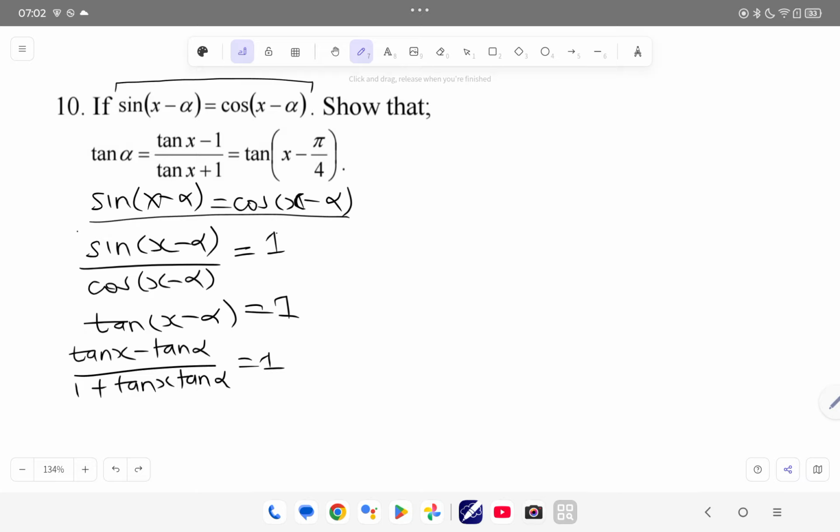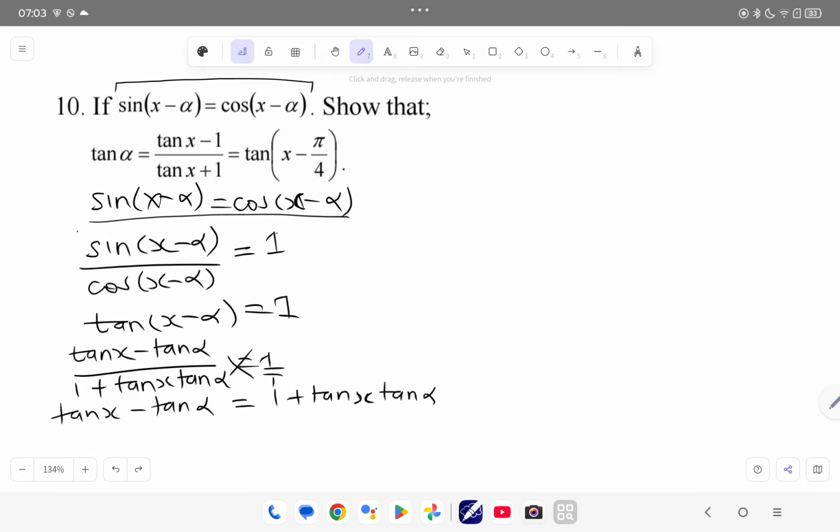Now here I want to make tan alpha the subject. I will have tan x minus tan alpha is equal to 1 plus tan x tan alpha. I've just cross multiplied.